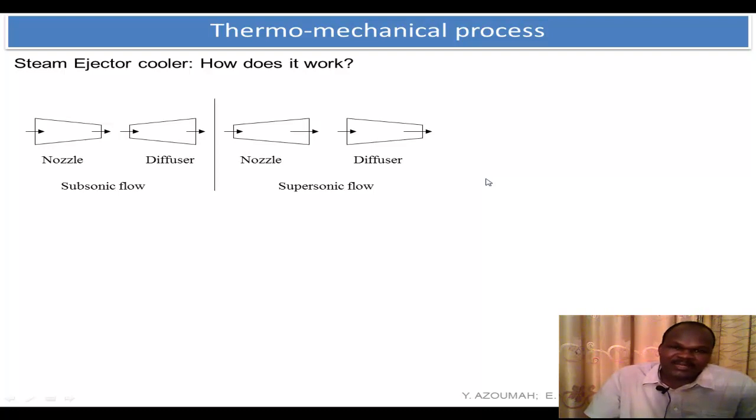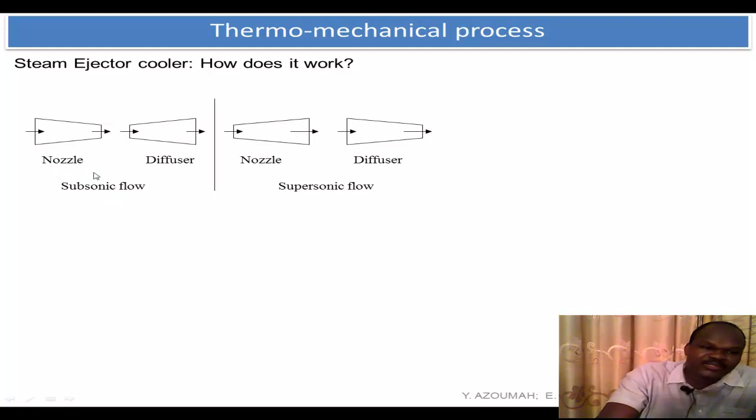But once the speed of the fluid goes beyond that of sound, you are working in a supersonic flow regime. So you have in the subsonic flow devices called nozzles and devices called diffusers. The same way in the supersonic flow, you have devices called nozzles and devices called diffusers.